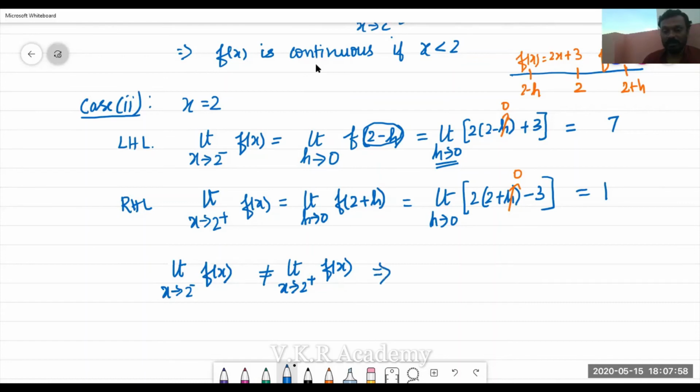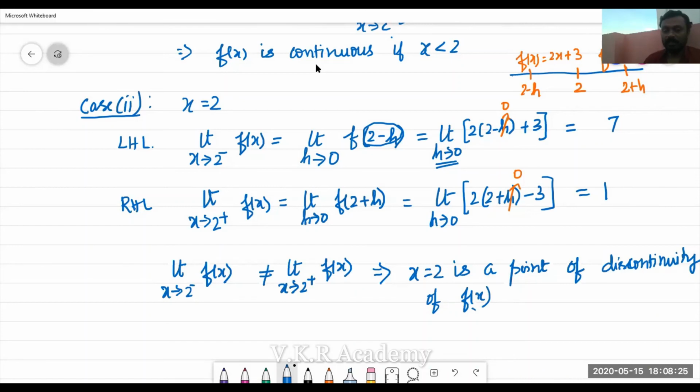So this implies f of x at x is equal to 2 is a point of discontinuity. And it is again going to be a jump discontinuity because the function is defined.